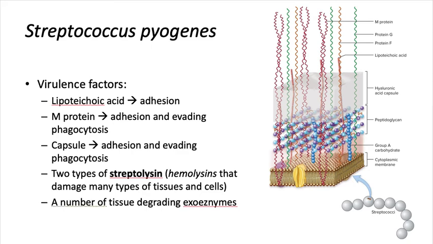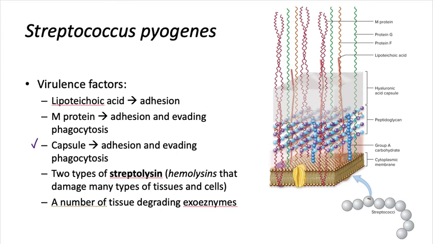All right. Streptococcus pyogenes has a number of virulence factors. We've already mentioned the capsule, and we've gone over many times how capsules can contribute to pathogenesis. It also has a protein called M protein that you see right here that can aid in adhesion and also aid in evading phagocytosis.